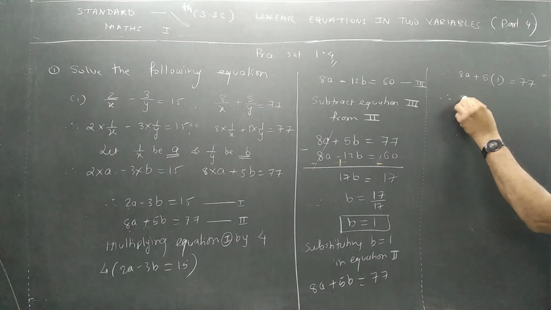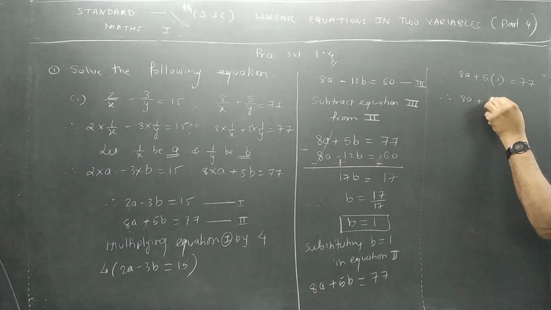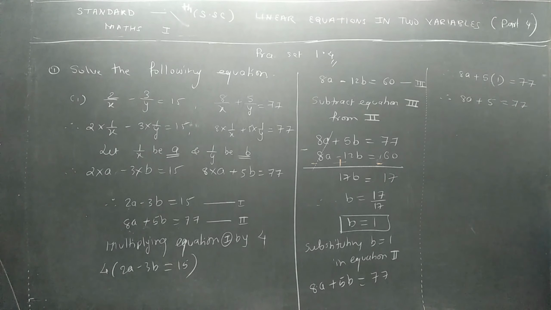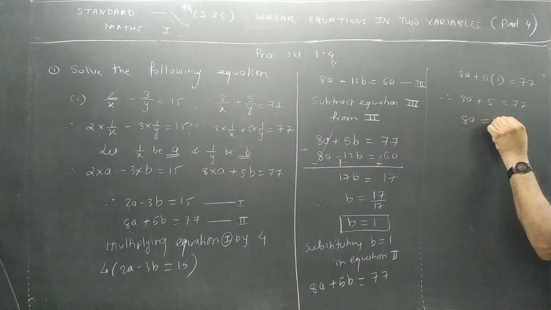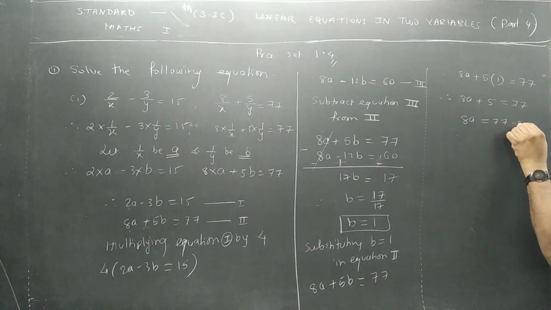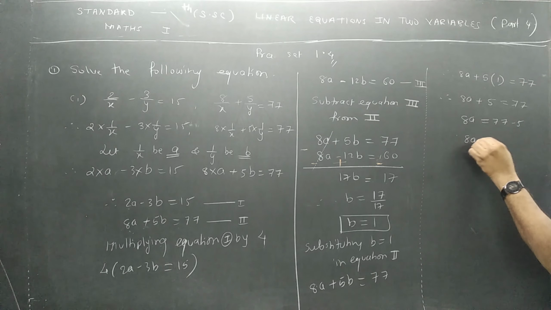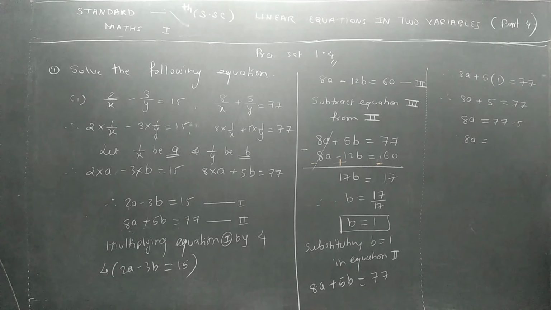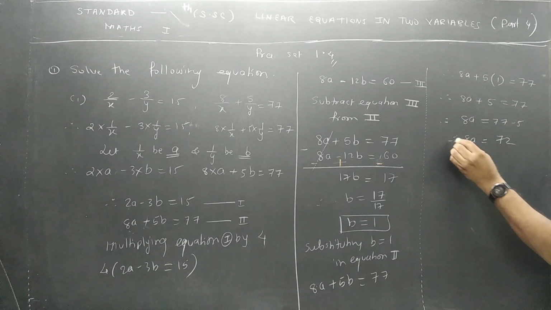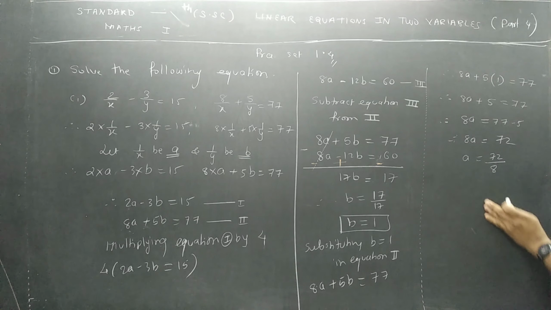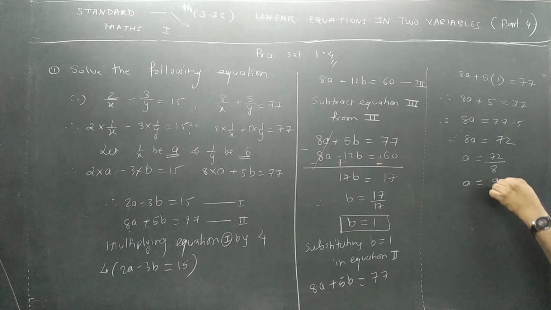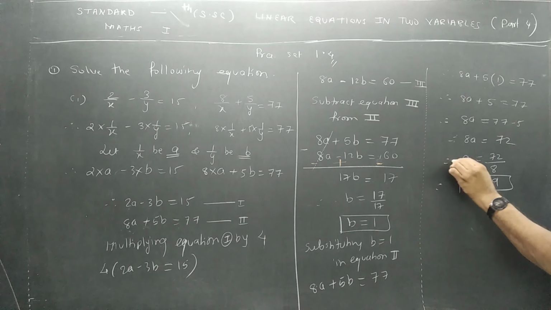Therefore, 8a plus 5 is equal to 77, or 8a is equal to 77 minus 5, or 8a is equal to 72. So, what will happen now? A is equal to 72 by 8, or a is equal to 9. You got the answer for what?